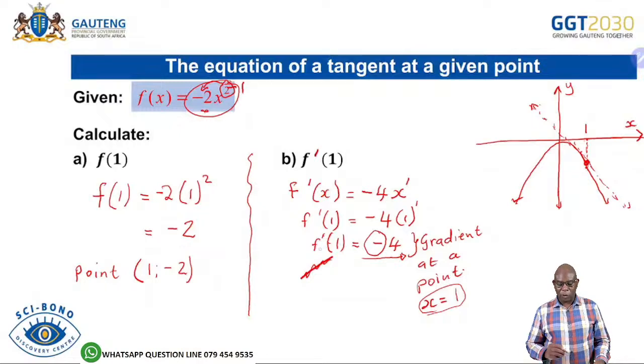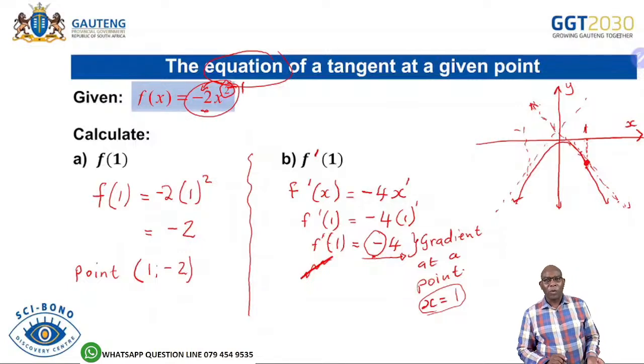Okay, so for us to get the 4, we'll show it in the next slide. How do we then go to negative 4 and how do we get the equation of that line? We will be doing the equation of that tangent. But for now, I just wanted to show you that the gradient of that line is negative. So at x equals 1, the gradient there will be negative. If I wanted the gradient at x equals negative 1, my gradient there will be a positive gradient.